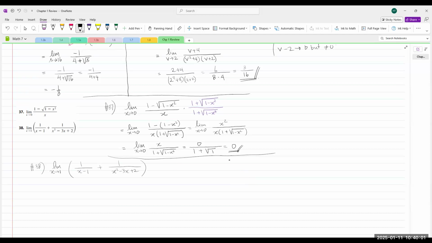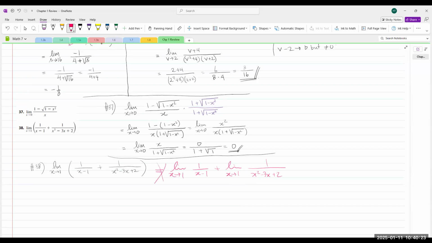We need to put them together first. One thing you should not do is say, oh, limit of sum equals sum of limits. So the following is a wrong way to do it. If you say limit x approaching 1 of 1 over x minus 1 plus limit x approaching 1 of 1 over x squared minus 3x plus 2.